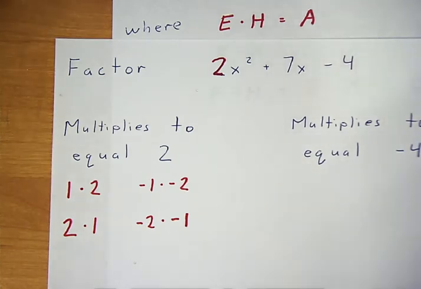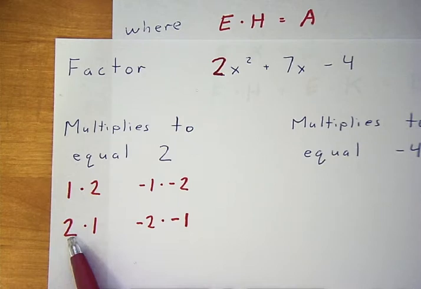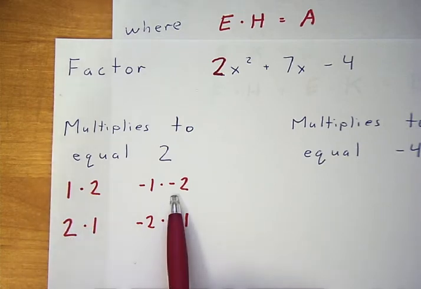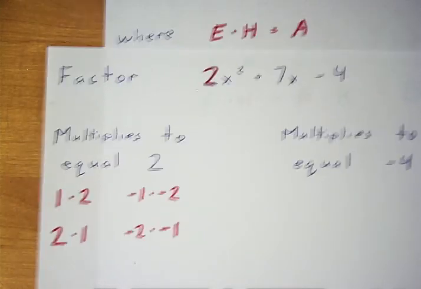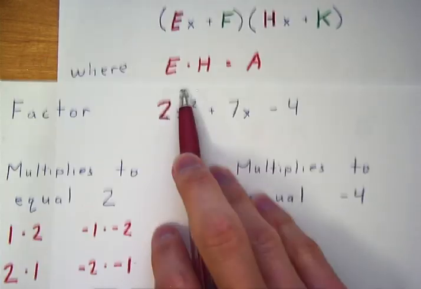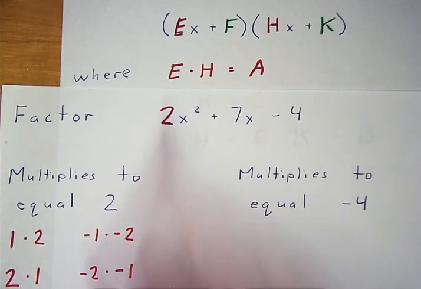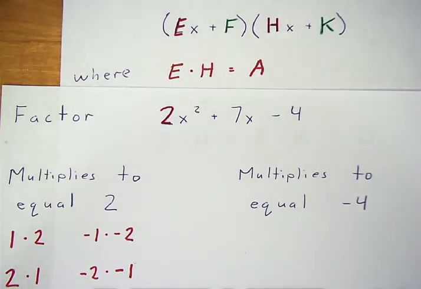Here I just started with the smallest positive number on the left, and I just did the negatives of these on the right. That's how I organized it. Okay, so those combinations right there are all the possible numbers for these numbers E and H when I factor it.